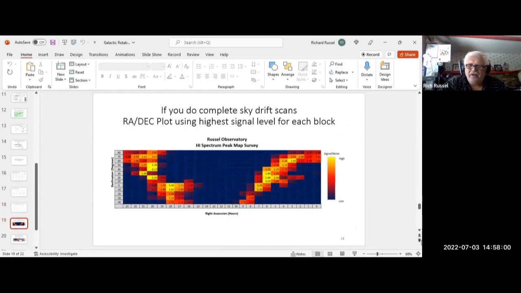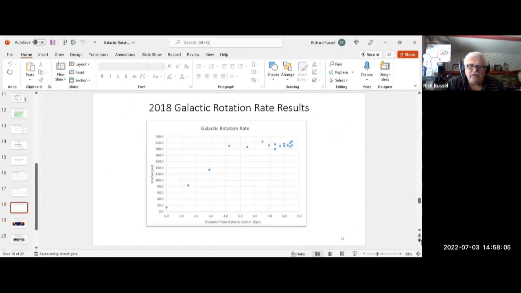Okay. All right. Any more questions on the galactic rotation rate? So let's take this as an exercise for everybody who's got their hydrogen data. If you follow these directions, supplemented by all the stuff that Wolfgang and everybody else has commented on, you should be able to get this kind of a plot.